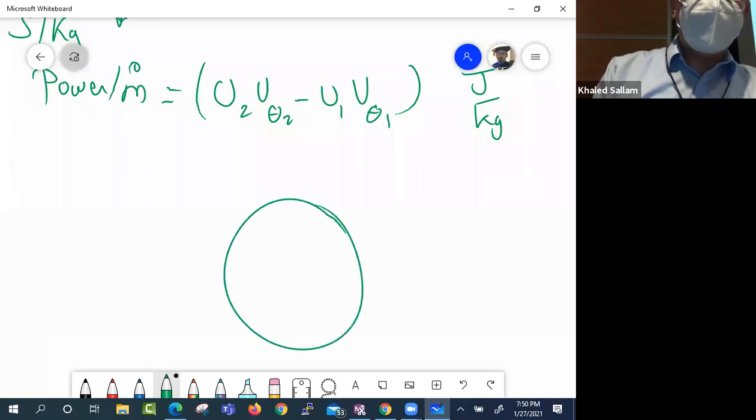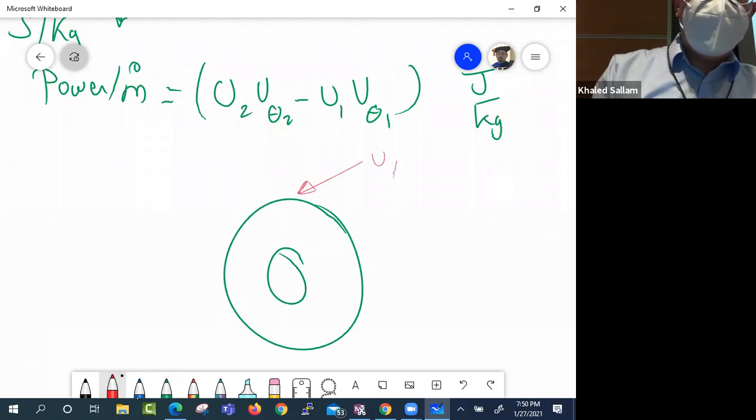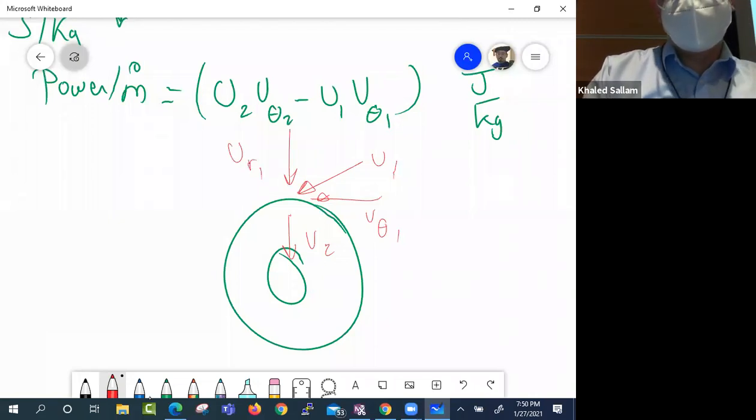So when you look at that impeller, you tell yourself, I got my V1 over here, and here is my V2 over here. All you need to do is to split V1 into V theta 1 and VR1. That makes sense.